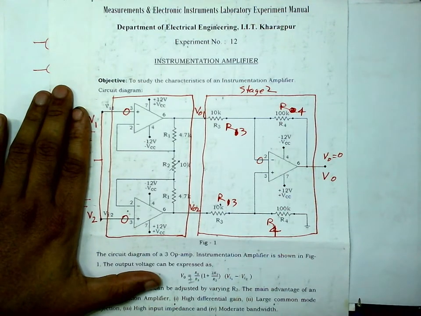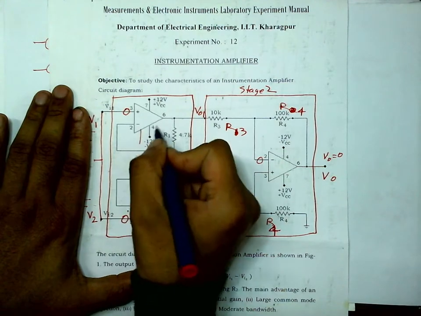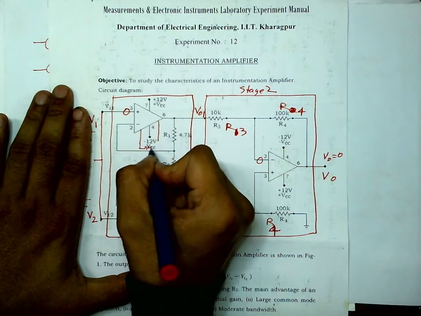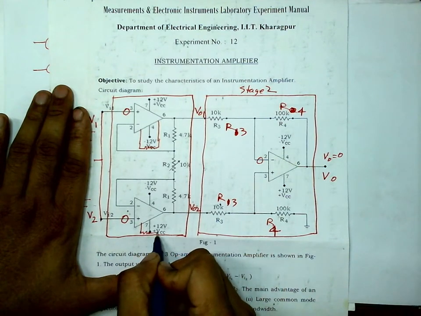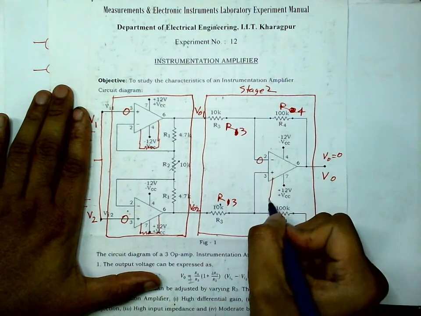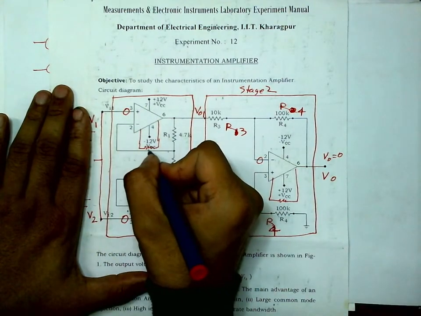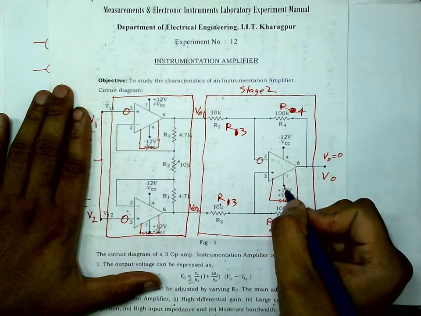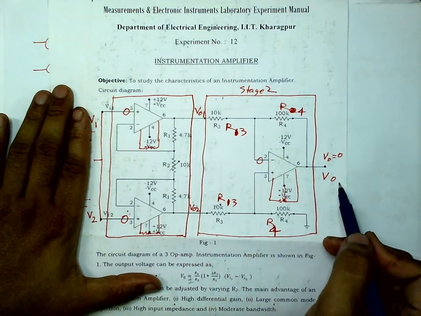Now all these op amps have this offset null facility. You can use all of them. You can adjust this offset null so that this becomes 0.